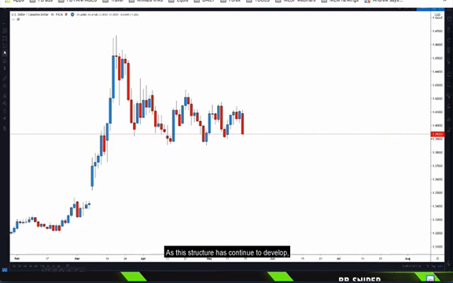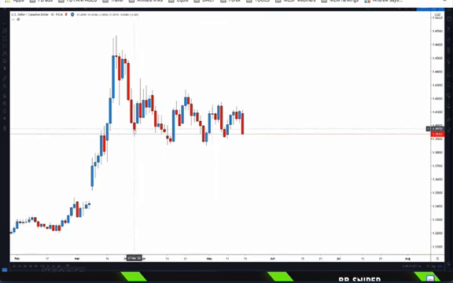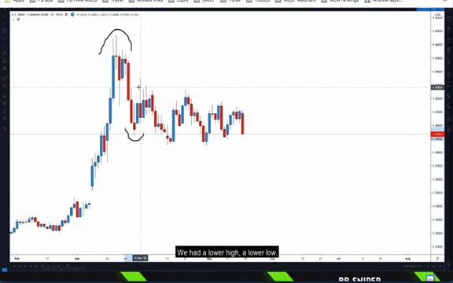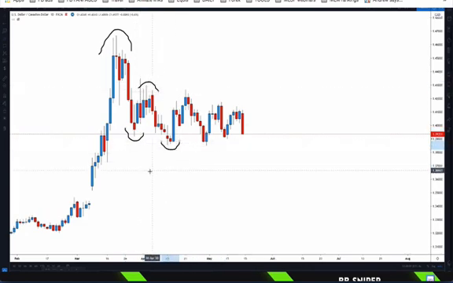As this structure has continued to develop, we've arrived at a point where we have been in a range for a total of about 52 daily candles. We've had lots of information from the time that this high was made to the time that this low was made. We had a lower high, a lower low. We had an equal high.